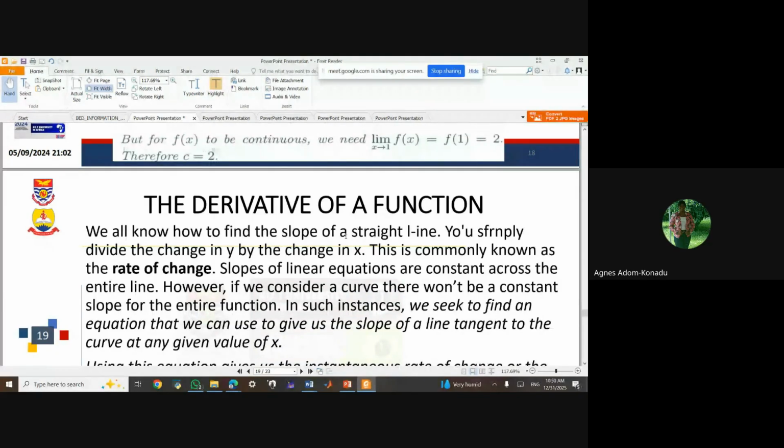Thank you. We saw that a continuous graph is a graph without a break. So when you see any break, either a hole, a jump, or maybe an asymptote, it means that it is not continuous.